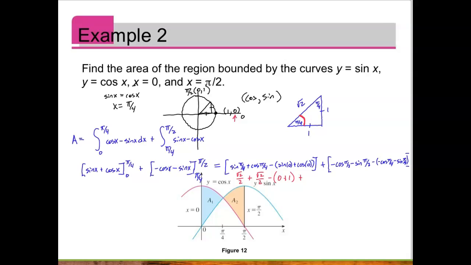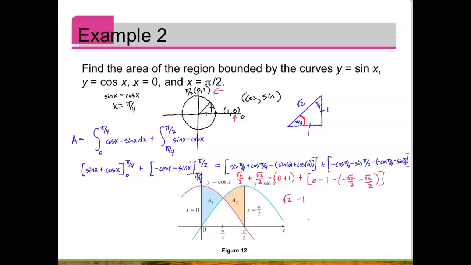And then I have plus cosine of pi over 2. Now we're up here in the unit circle. What's cosine of pi over 2? 0, minus, what's sine of pi over 2? 1. And then I have to do minus negative cosine of pi over 4, so that's going to be negative root 2 over 2 minus root 2 over 2, right? Just got to be real careful with parentheses on this problem. All right, well, simplifying, root 2 over 2 plus root 2 over 2 is just root 2.